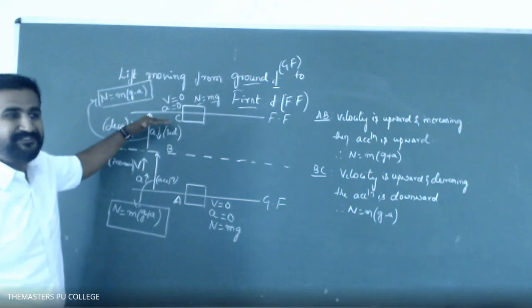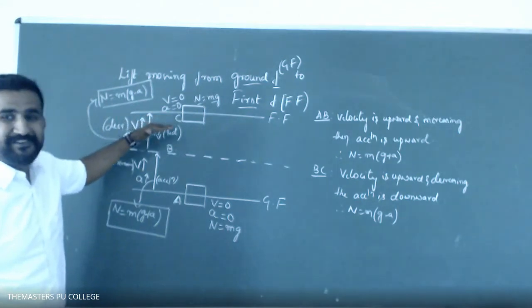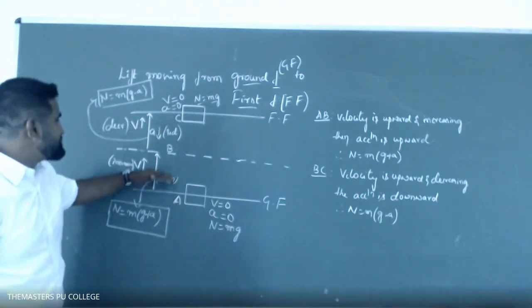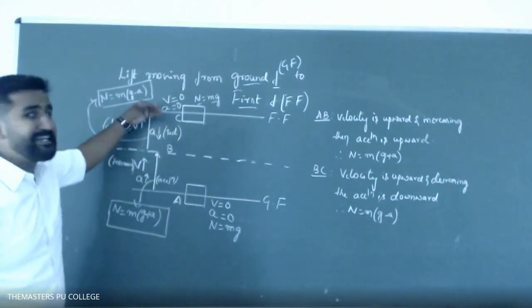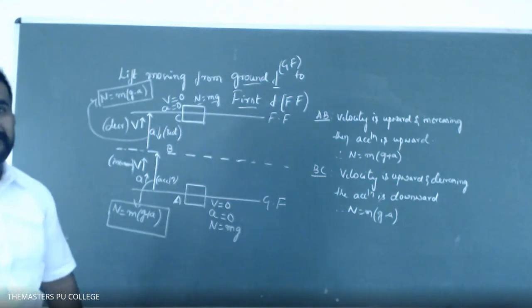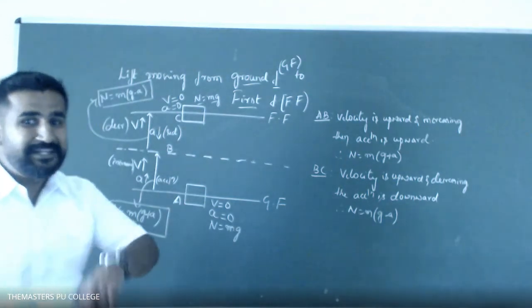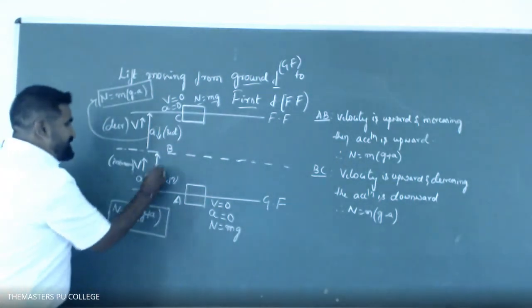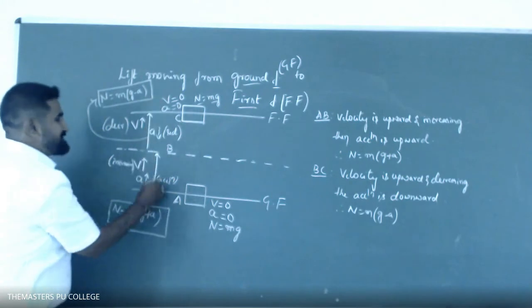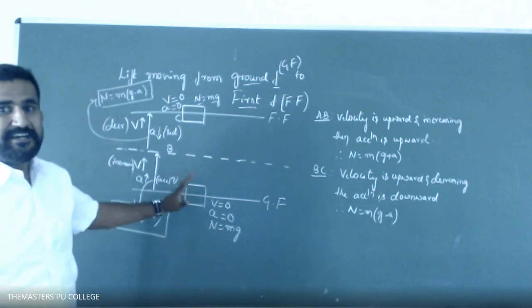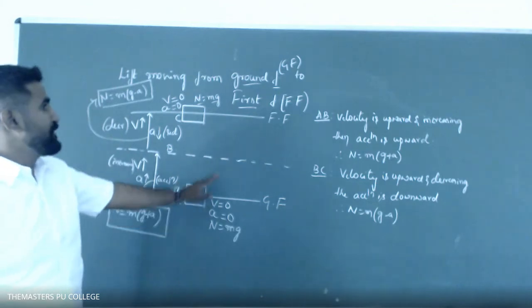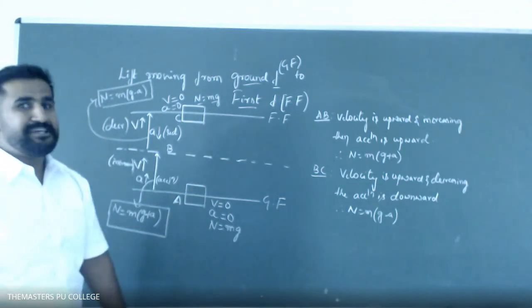Are you getting my concept? But I have taken a situation where it increases up to here, then decreases. Is it clear? I think there is no doubt in this diagram and the concepts I have written on the board. Shall we move to plot a graph?